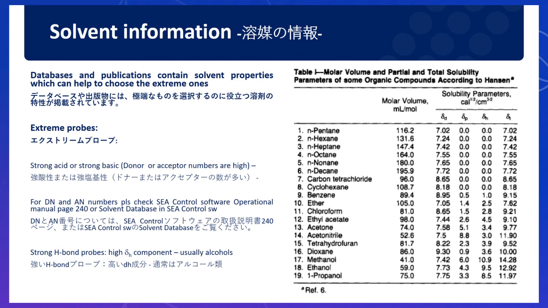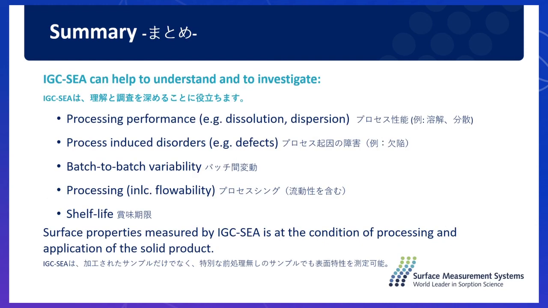Also, you can see in the available publications a list of different probes that other people suggest using for the solubility parameter analysis, and also the software contains the different parameters of the solvents in order to help you to select the right probes.